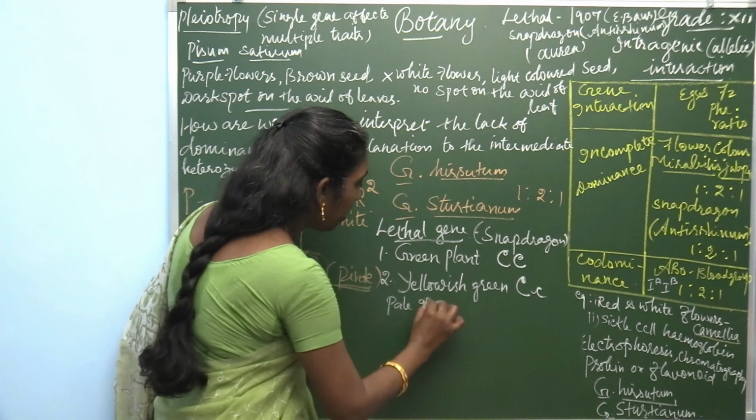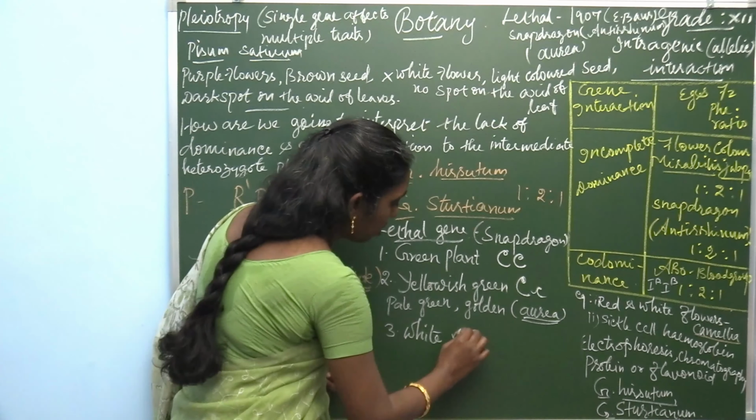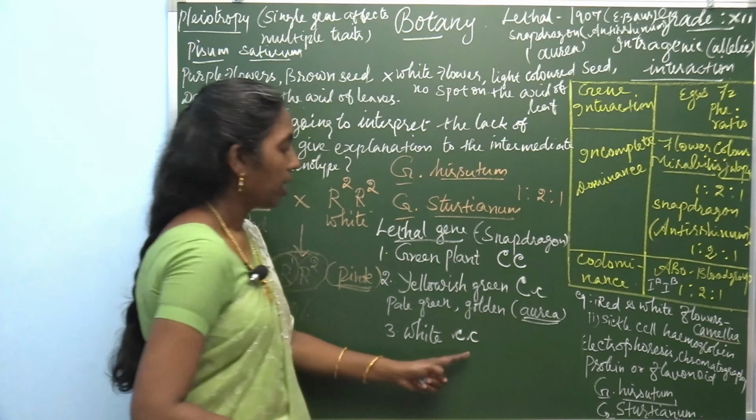So in Snapdragon, there are 3 different colors of the plant: green plant with chlorophyll, capital C; yellowish green with carotene pigment, pale green or golden color, otherwise called aurea; and white color, which has the allele small c, small c.